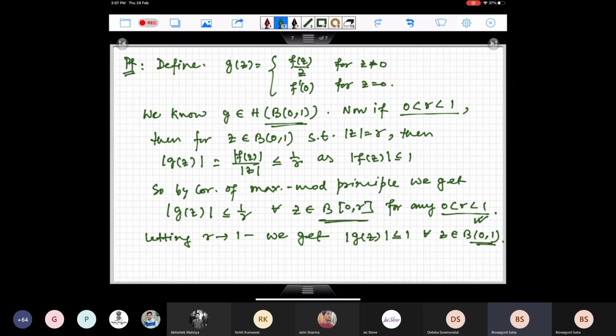Once I have this, that means this bound is applicable at the point 0 as well as the points which are not equal to 0.